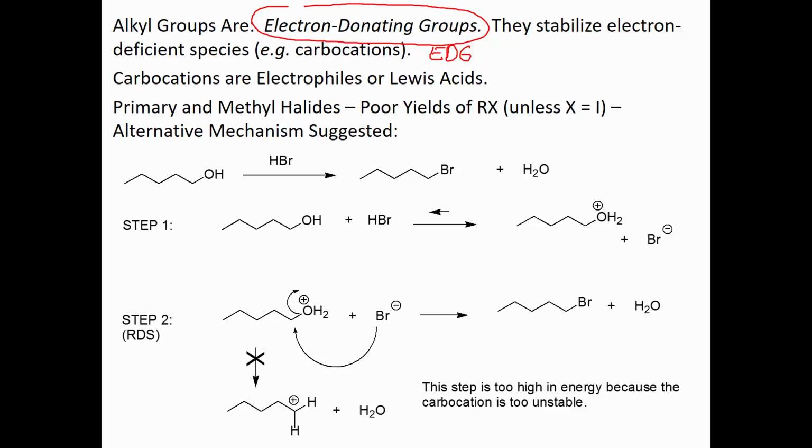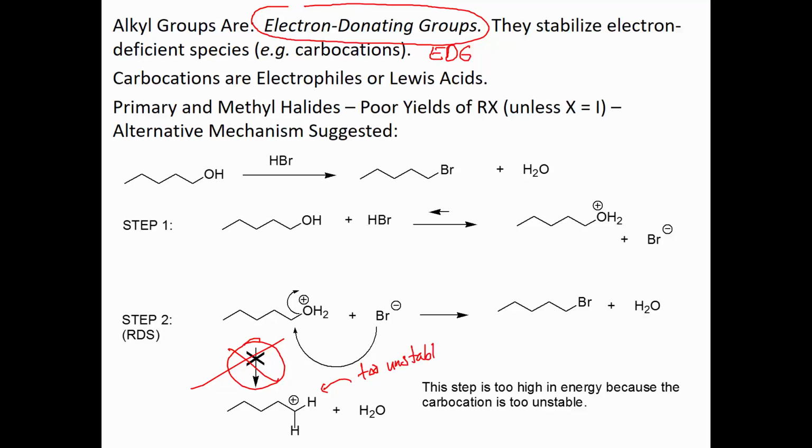And again, here's more or less a repeat of that alternative mechanism. This is actually complete, so even though it's a repeat of the previous slide, let's just look at it in its entirety. All right, so step one, we make protonated alcohol. In step two, we don't want to do this, right? This is not good because this carbocation is too unstable.